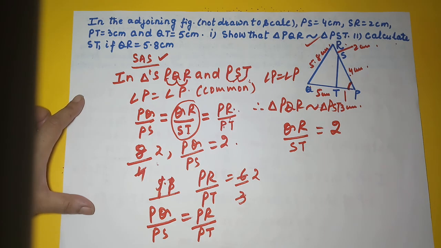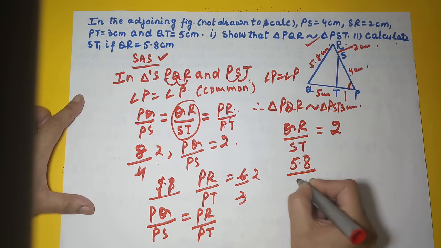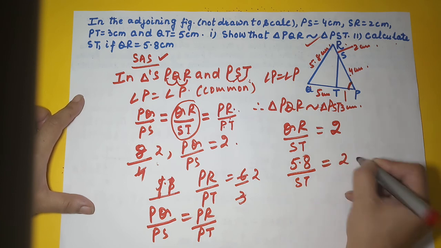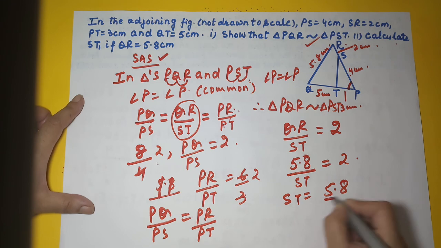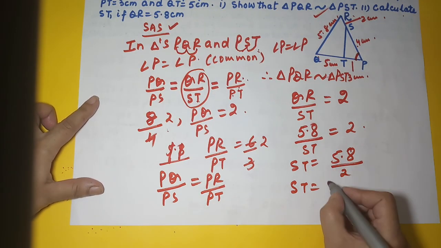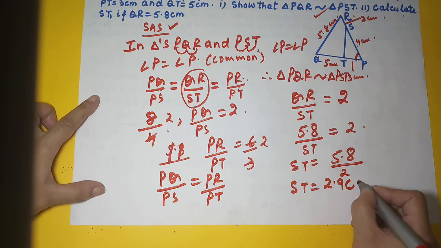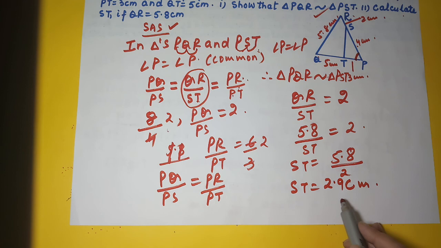So, let us put it equal to 2. QR is given 5.8. ST we have to calculate is equal to 2. So, ST is equal to 5.8 divided by 2. So, my ST is equal to 2 twos are 4, 2.9 centimeters. Right? So, what is my ST? It is 2.9 centimeters.